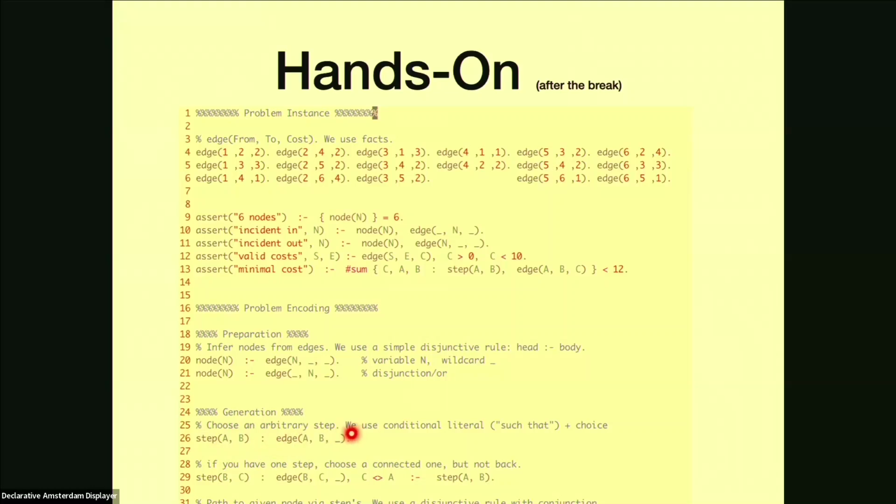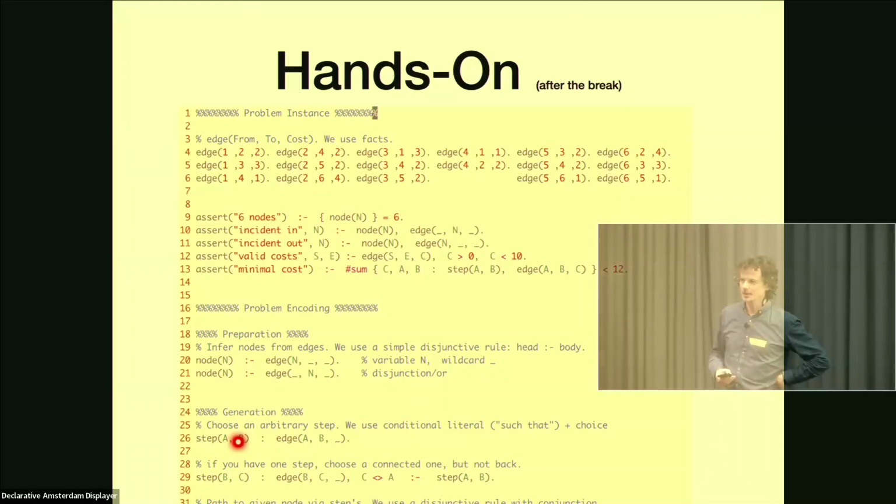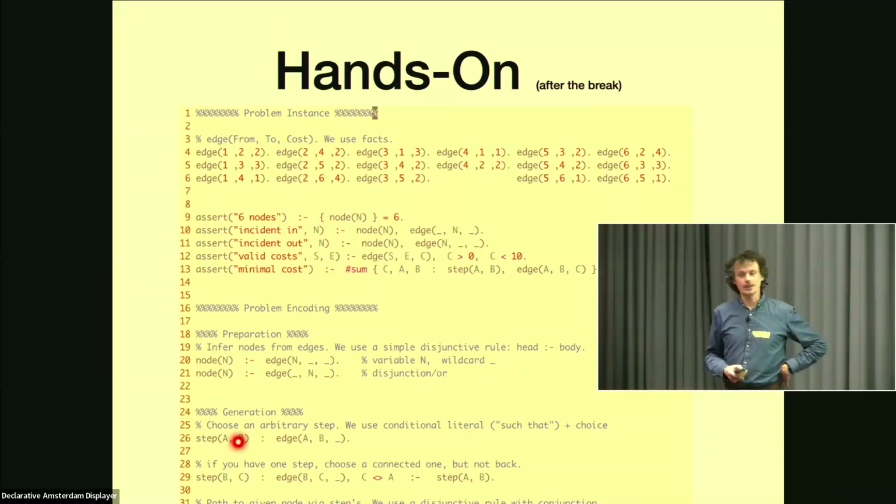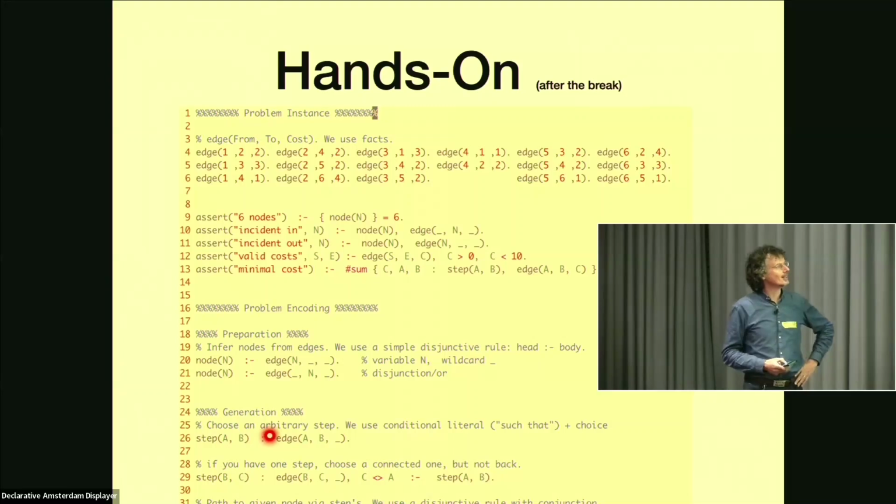But you can see here that this is a choice, because there's this semicolon here, which means that this is actually a set again, and it chooses one element of this set because we left out the curly brackets. It's a bit hard, but this is the way the notation works.